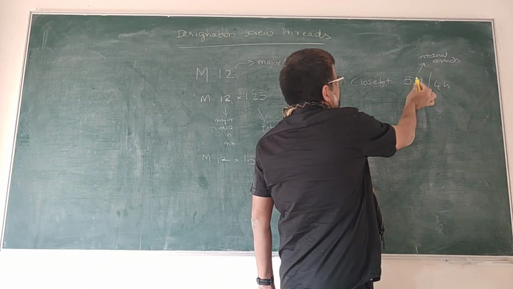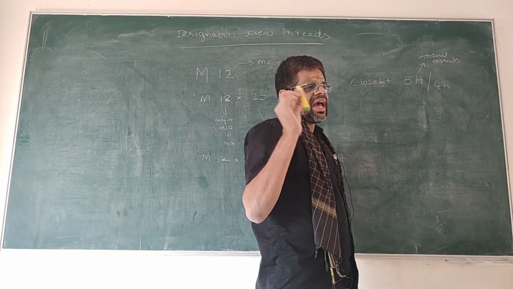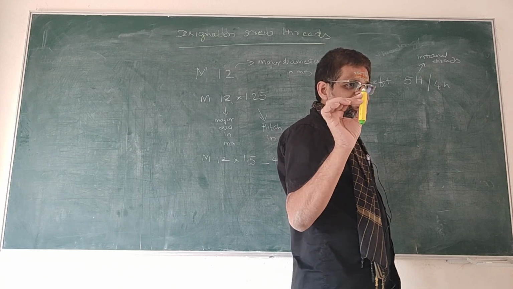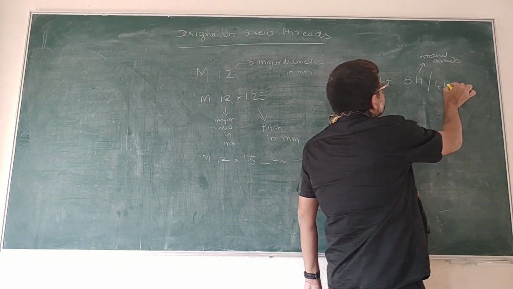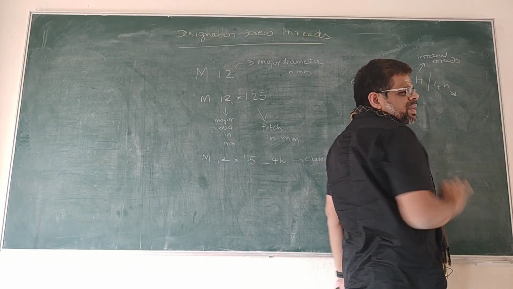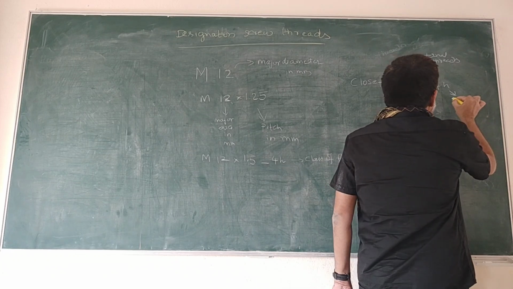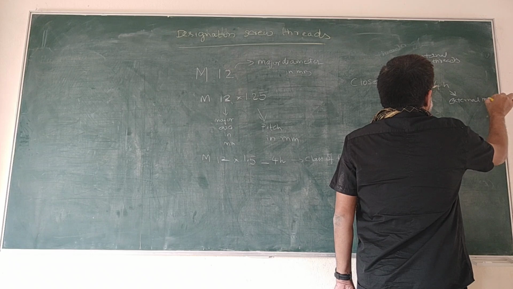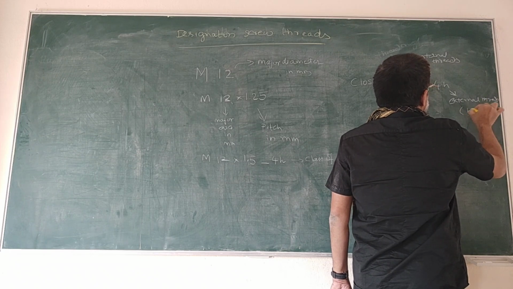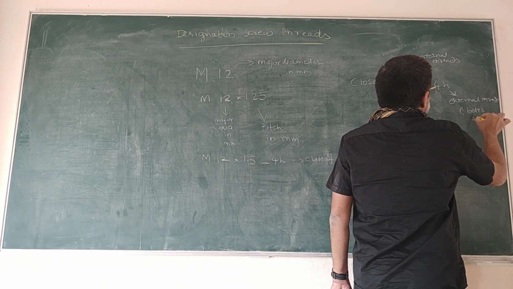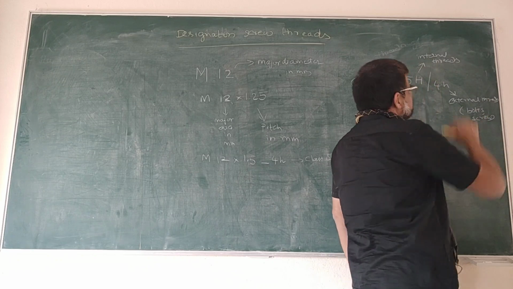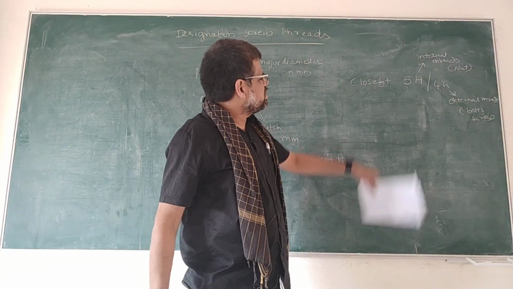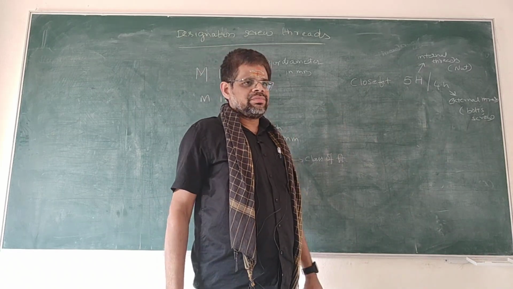So usually the capital letters, not only H, represent internal threads or nuts, and the small letter represents external threads, in the sense bolts, screws, etc. So this is a close fit.